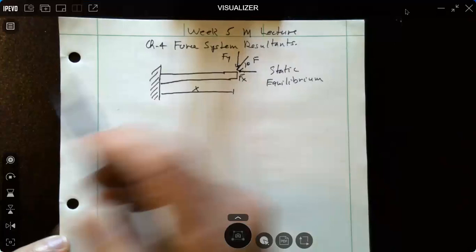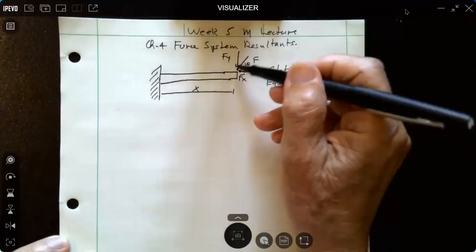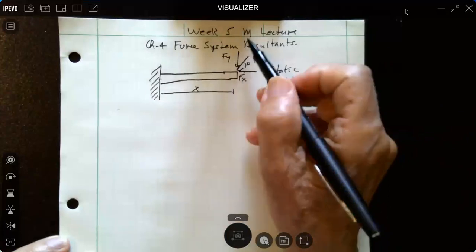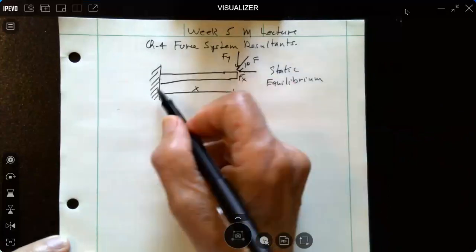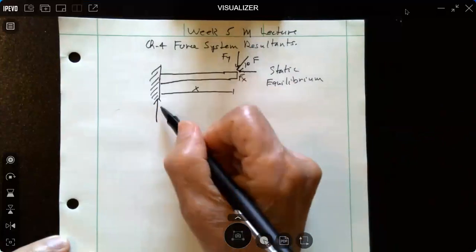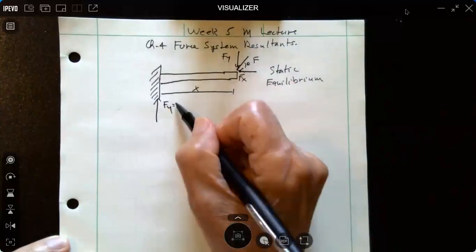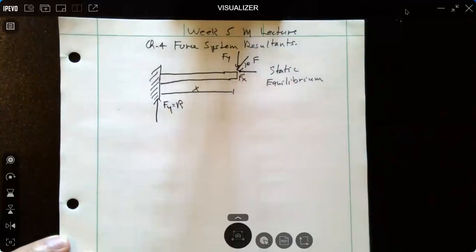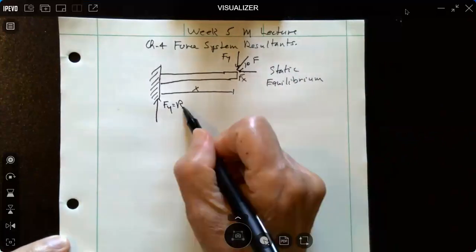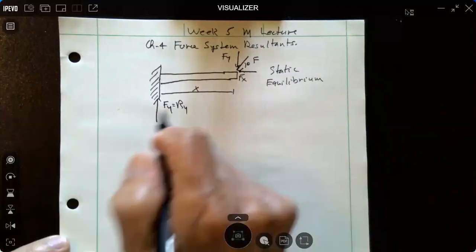Well, we need to be able to counteract this vertical force, this F sub y. And so over here at this support, we're going to have an F sub y reaction. It's going to have to be equal to, we'll call this reaction in the y direction, R sub y, equal to F sub y.